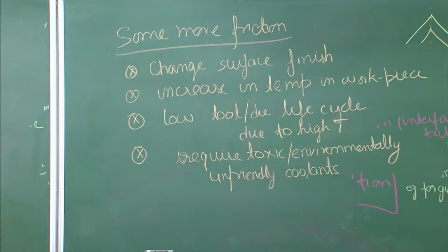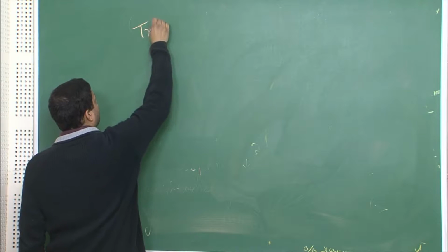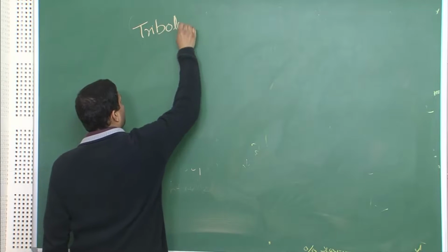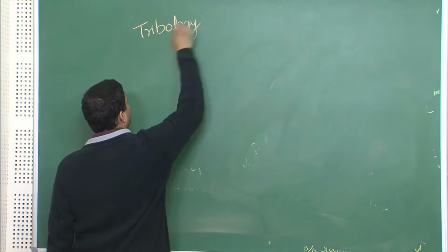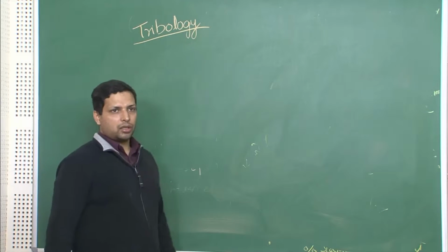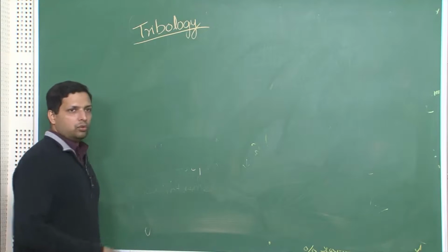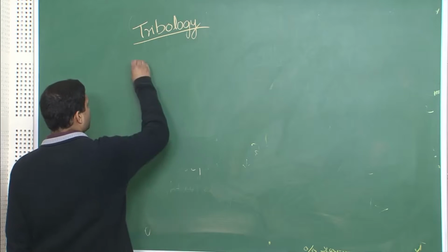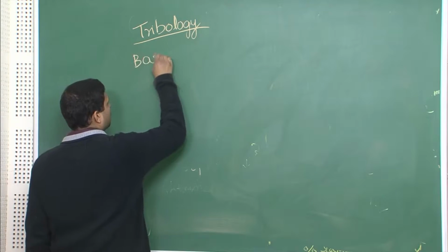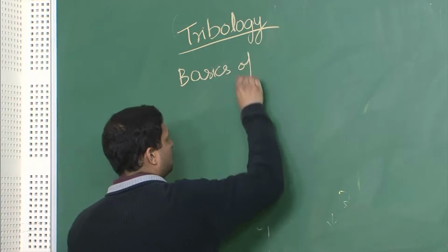We will just try to understand the basic premise of friction and why an increase in the normal pressure leads to larger friction. That branch of science which leads to understanding friction between two surfaces is called tribology. But we are not going into details of tribology, we are just trying to understand the basics of friction.